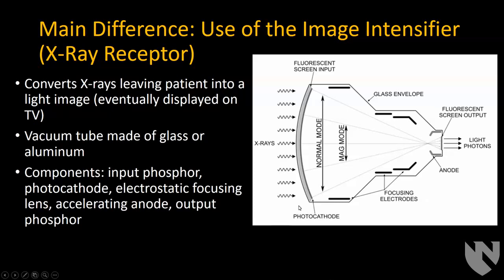You have an input phosphor that gets hit with X-rays, and then that releases electrons from the photocathode, and those electrons are focused by a whole bunch of little focusing electrodes as they go towards the anode, and then they hit a fluorescent output screen that converts them into light.